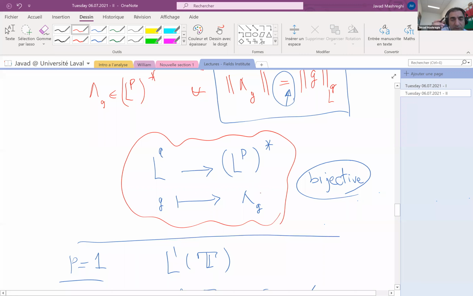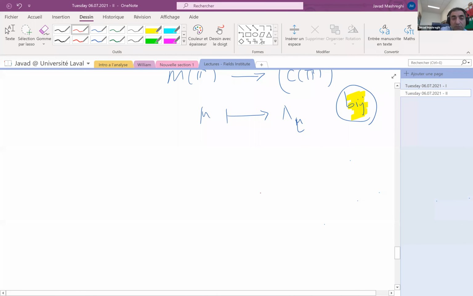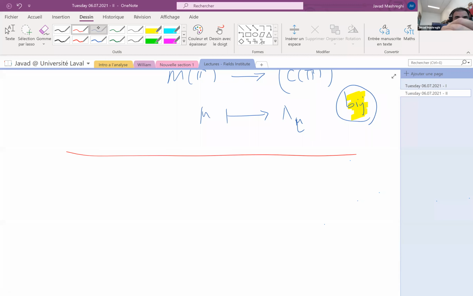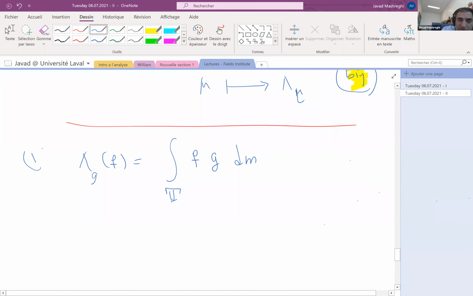There are several different ways, and each one of them has an advantage. I summarize them here below. The one I wrote about, lambda g of f, was defined as the integral over T of f g, not g bar, dm. This is good, everything works well. We can say this is definition 1.